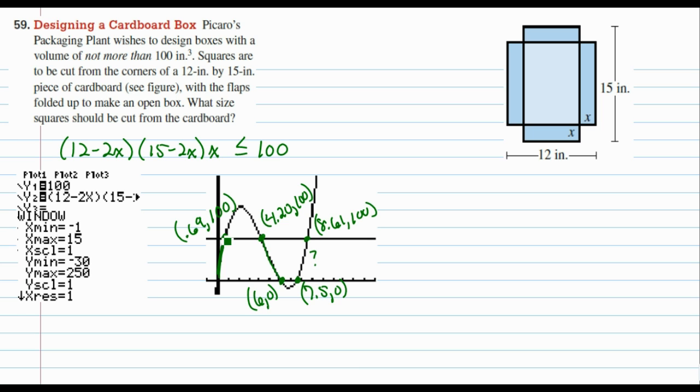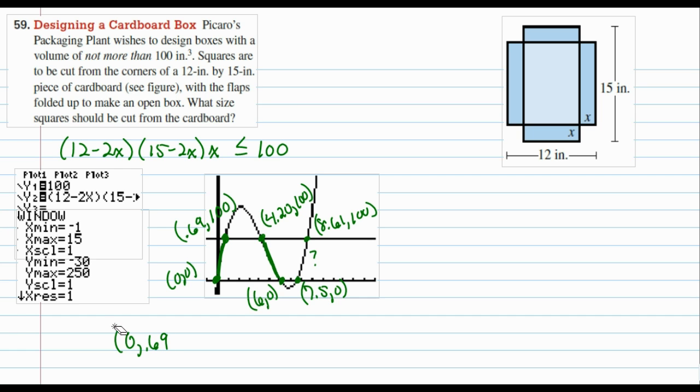So now that I found the intersection points as well as the zeros, where the y values are changing from positive to negative or from below the line to above the line, I can start to look at what would be reasonable to cut out of this cardboard box. I can cut out from 0 all the way to 0.69 inches.